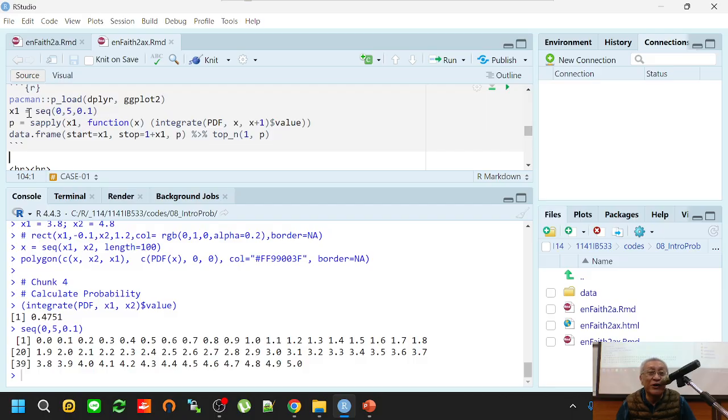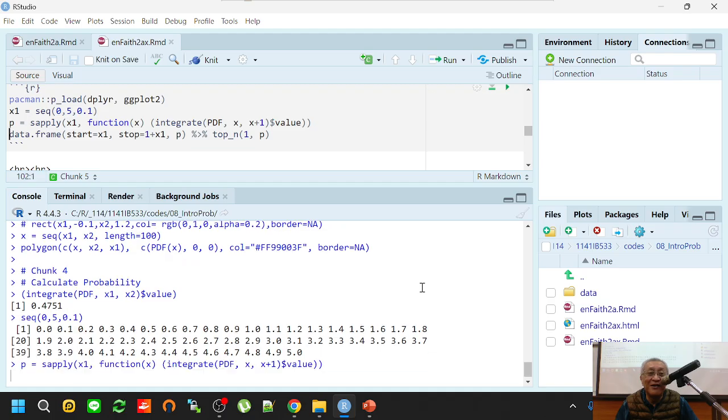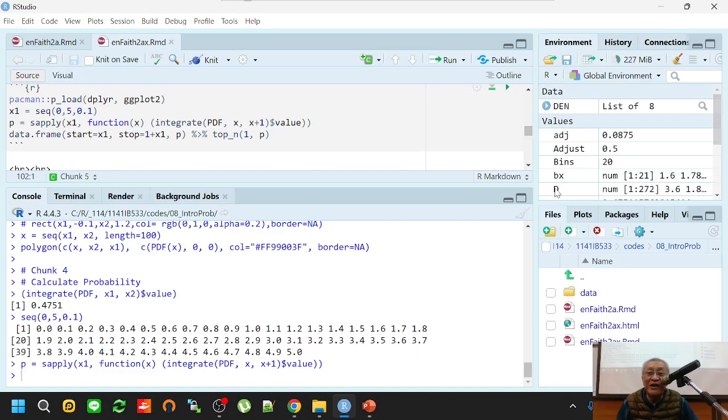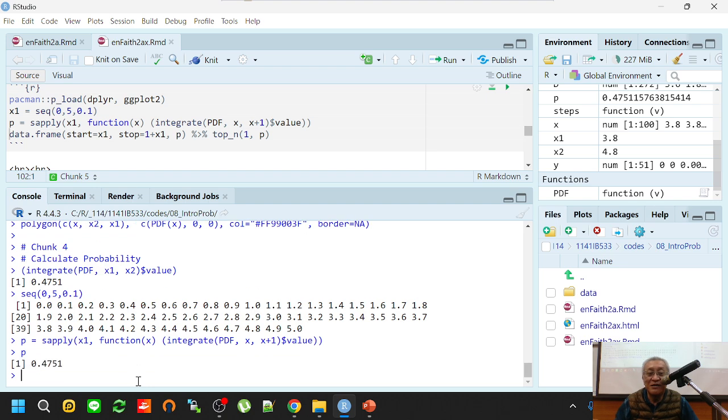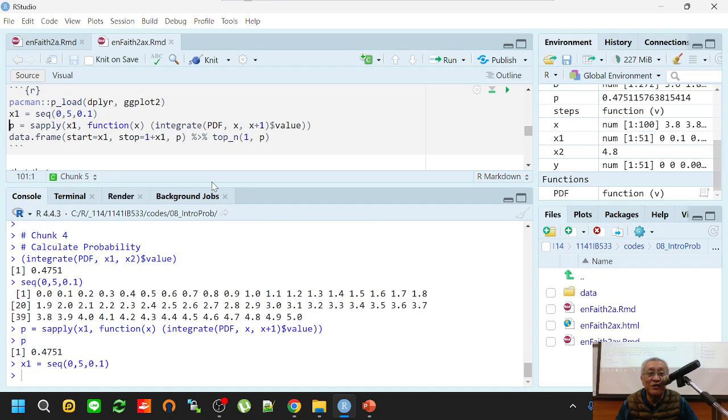So the easiest way is to make a sequence first, and then you use sapply to apply every element of this value to this function, and then we will get P, right? We will get a number of P. Let's see the value of P. Sorry, I think I had that from this, yeah.